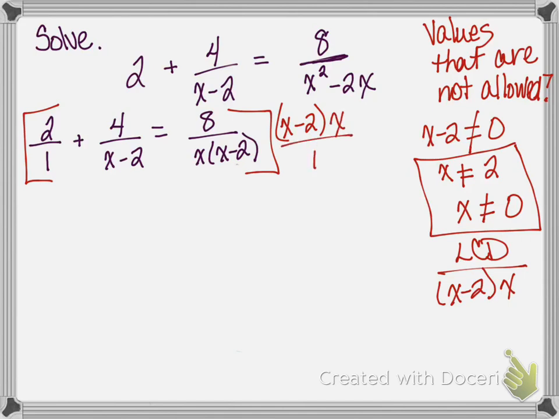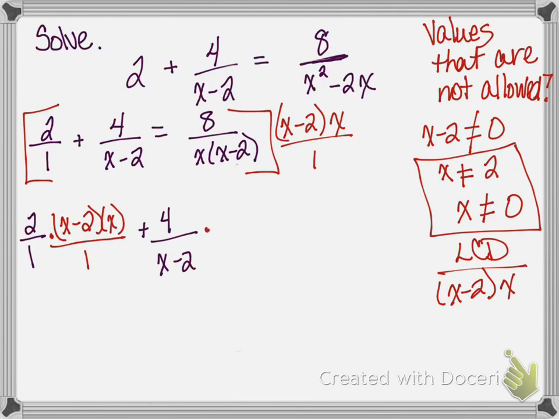So I have 2 over 1 times x minus 2 times x over 1. I have plus 4 over x minus 2 times x minus 2 times x over 1.